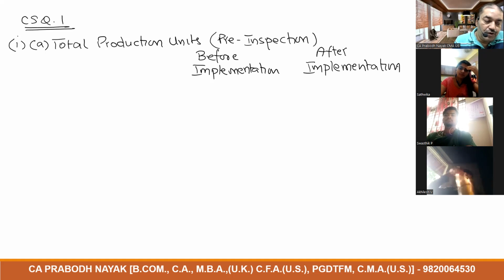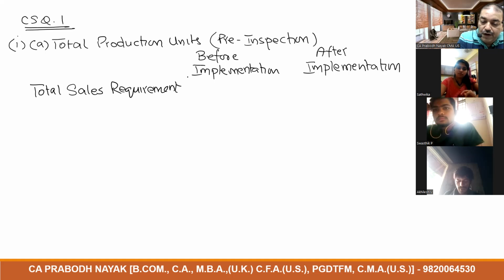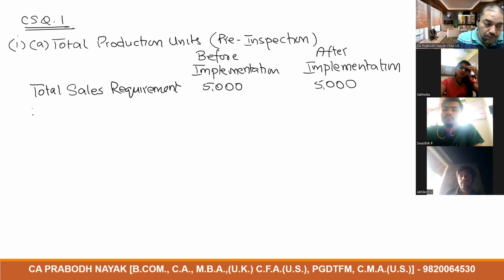Okay. Before implementation, after implementation. Total sales requirement. That means how many units are required to be sold? 5,000 units, before also and after also. Now, add to that the specification loss. I'll call it a specification loss because the specification is not met. Customers are returning the goods.